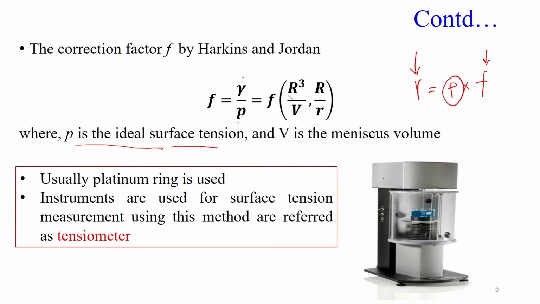This is one typical instrument, or you can say experimental setup. Here, this is a bowl which is filled with the particular liquid, and what you are seeing is the ring.